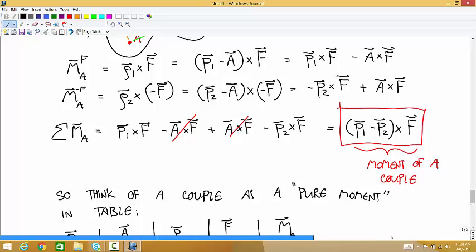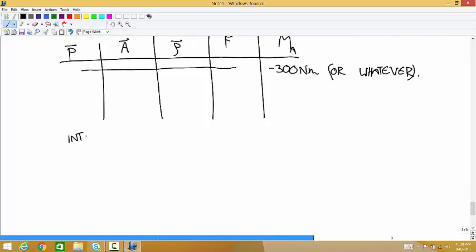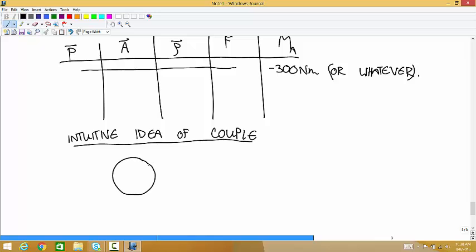An example, if you want an idea of what a couple is, think of this as sort of an intuitive idea of a couple. You don't see this too much on bikes made now, but on old bikes, there were screws that you had to turn that had these 2 little holes in them, and you'd insert a little wrench that just had 2 little pokers, a spanner tool.